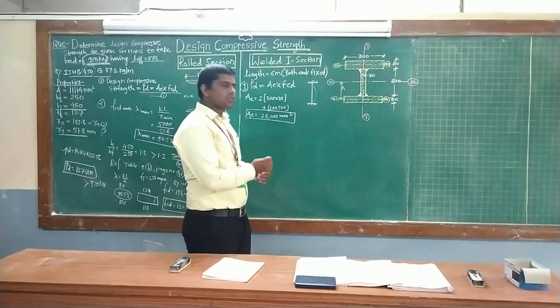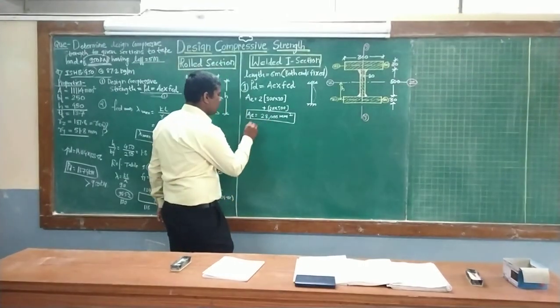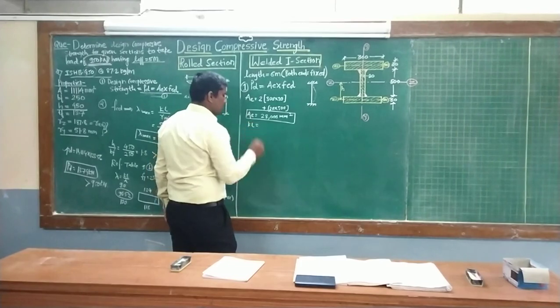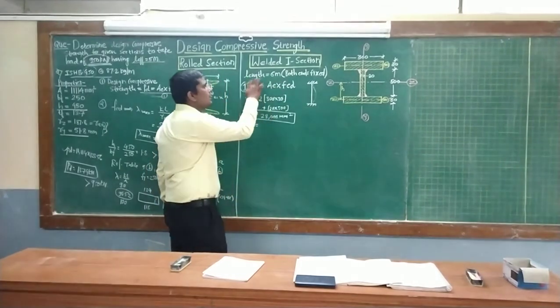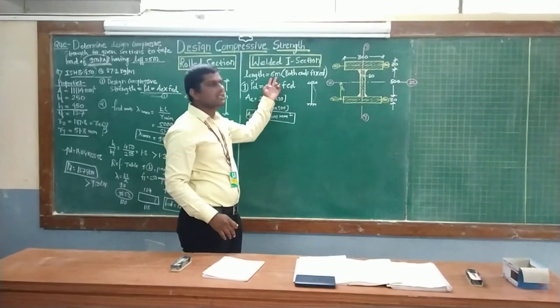Then the next step is to find the value of KL, because in this numerical only the length of the welded I section, 6 meters, is given.